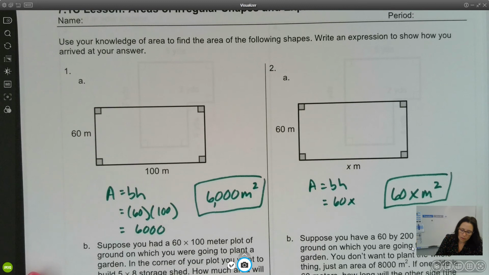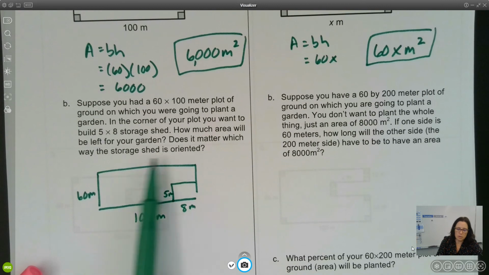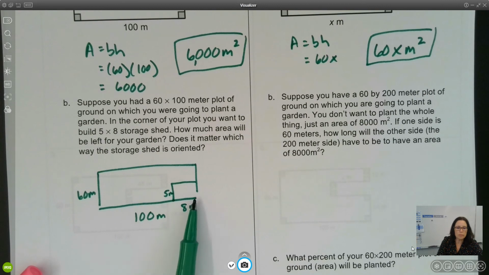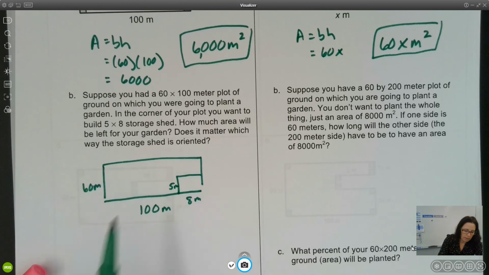meters. Okay, sorry guys, I should have that up there. So I've got my big one, 100 by 60, and I've got this little shed in the corner here, 8 by 5 meters. Hopefully you can just see by the drawing, you're going to find the area of the whole thing and take out that little area. That'll be that leftover chunk right here.